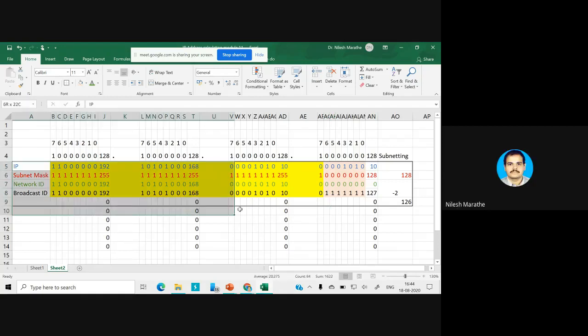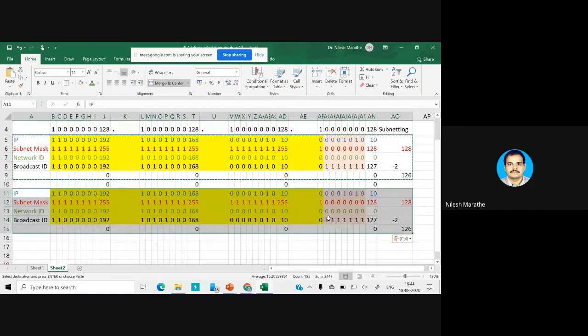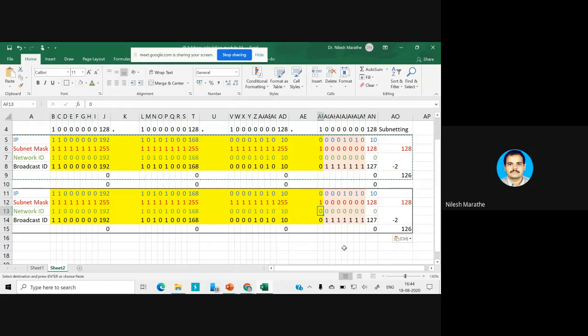So what will be the second block? Whenever I put this value equal to 1, is it clear?